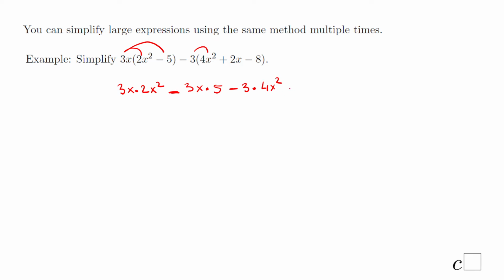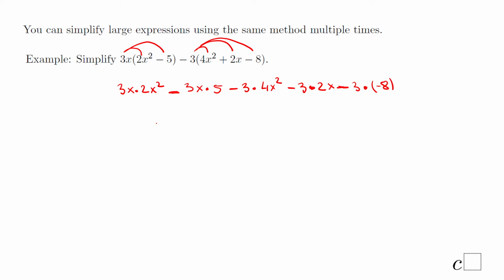Minus 3 times 2x. And now be careful, if you say this is a minus, it's good, minus 3 times, and this will be minus 8. So be careful how you handle signs, multiple signs, especially the negative one.